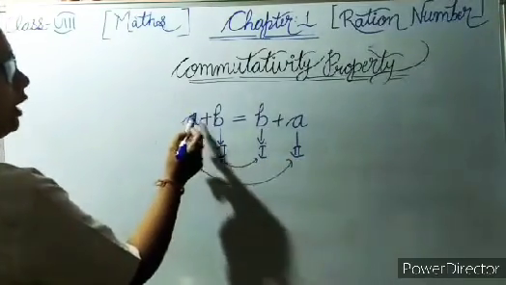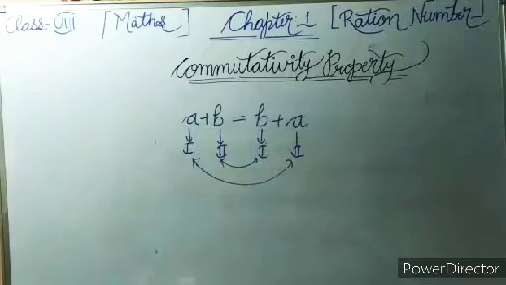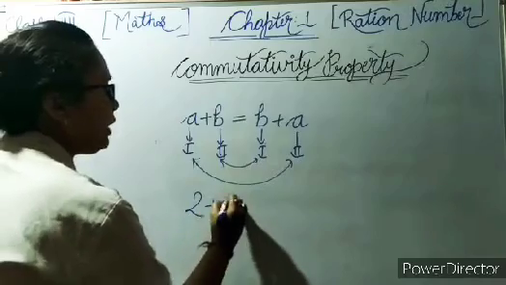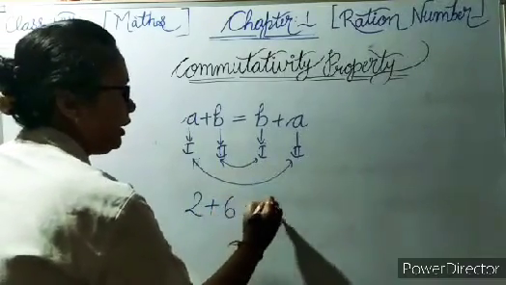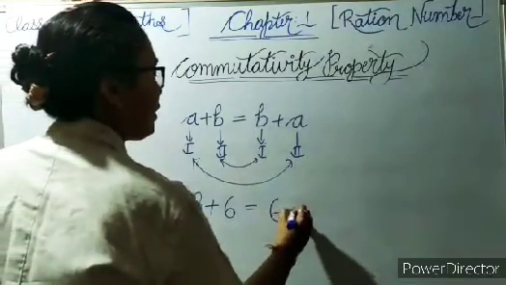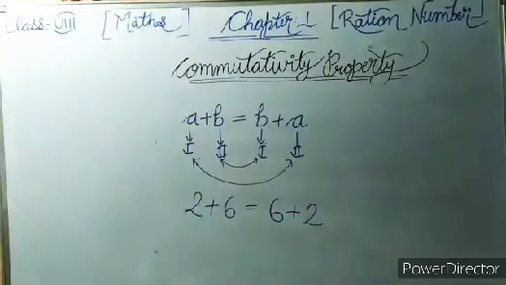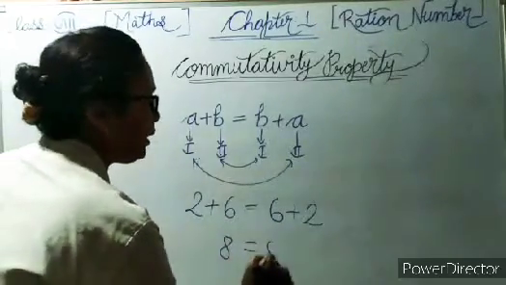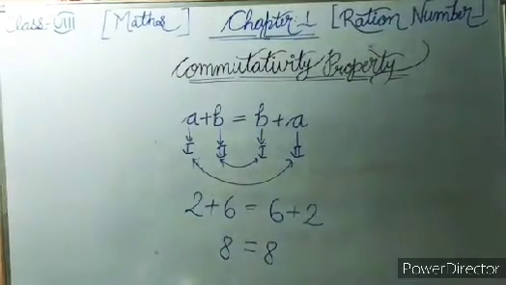You see, first a plus b, then b plus a. Okay, I would like to see an example. If we add 2 plus 6, we get 8. And in that order, if we put 6 here and write 2 here, we get 8. That means we get the same number, 8 is equal to 8.